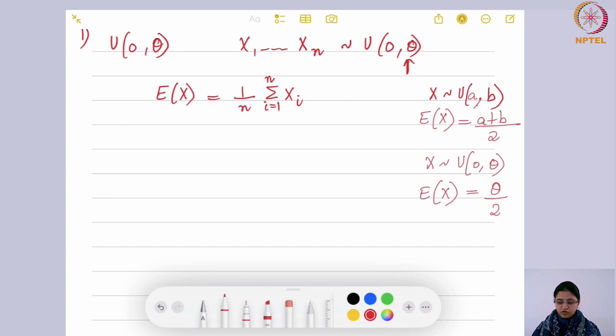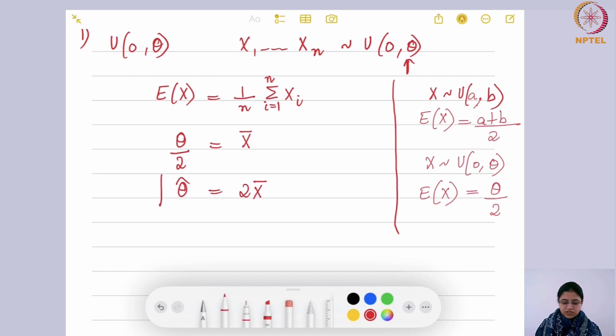If this is your expectation, we can substitute it over here. So instead of expectation of x, we can write theta by 2. This is equal to 1 over n summation xi, which is basically your sample mean, right? So now this implies that theta hat is basically twice your sample mean.